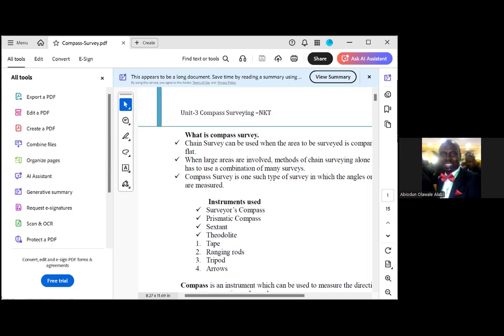So these are the aspects that geomatics has brought to bear.